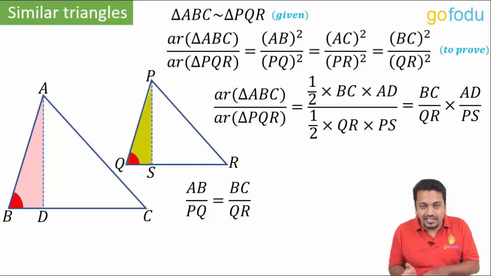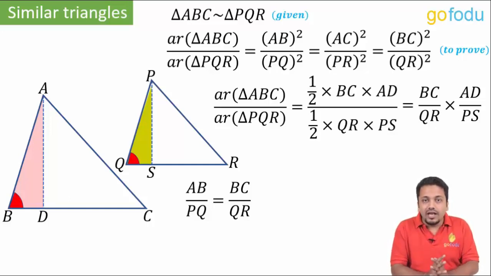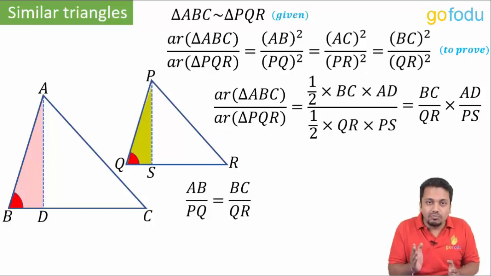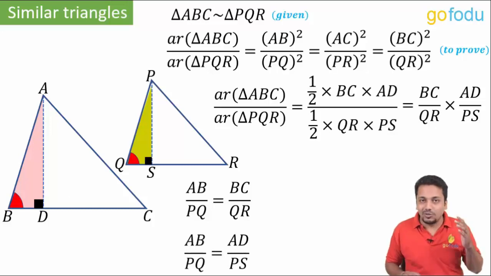Because the original triangles are similar. So this is given to us, right? And as original triangles are similar, angle B will be equal to angle Q. And we have drawn altitudes. One angle in both the triangles is 90 degrees. So these two triangles are also similar, and we can say AB upon PQ is equal to AD upon PS.